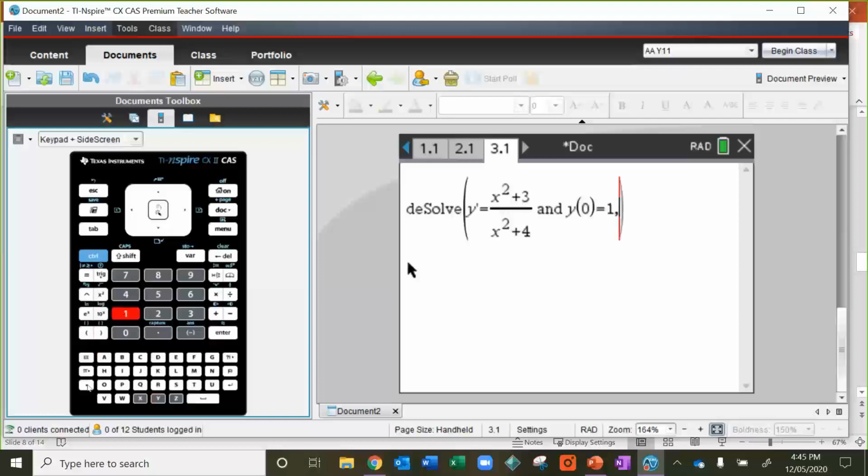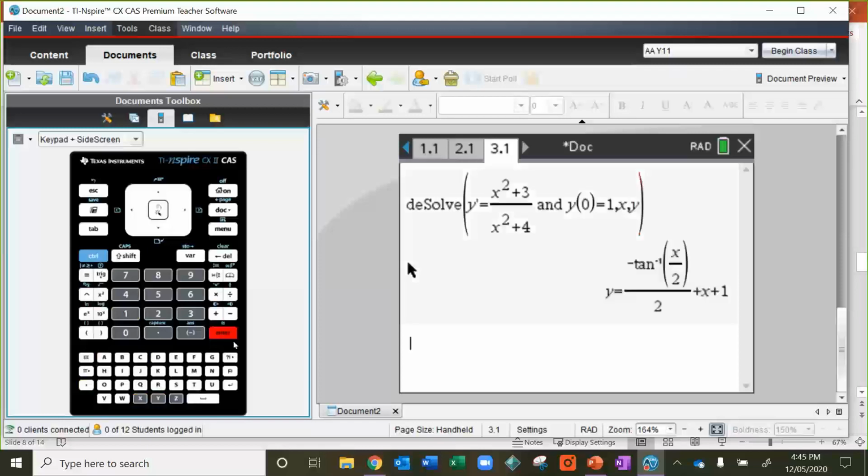And now we go comma x, independent variable, comma y, our dependent variable, and enter. And the calculator gives us this time a particular solution. There is no constant in our solution because we have entered the initial condition.